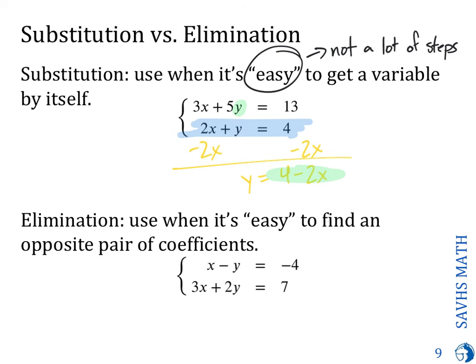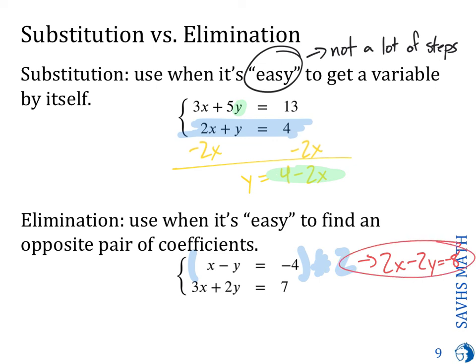The next one is sort of easy to eliminate the y's. If I took this equation and multiplied by 2 on both sides, then I would get this. I would get 2x minus 2y equals negative 8.